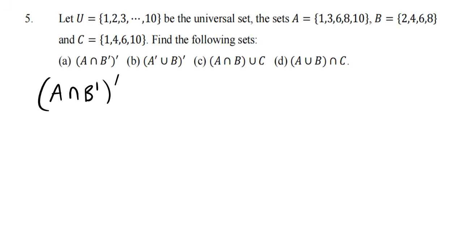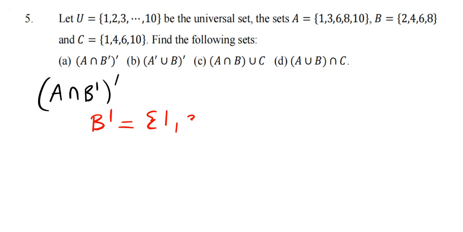So in this case, let me start with B complement. B complement will be everything that is not 2, 4, 6, 8, and it should be in this range 1 to 10. Since we're starting at 2 in B, it means 1 will be part of B complement.